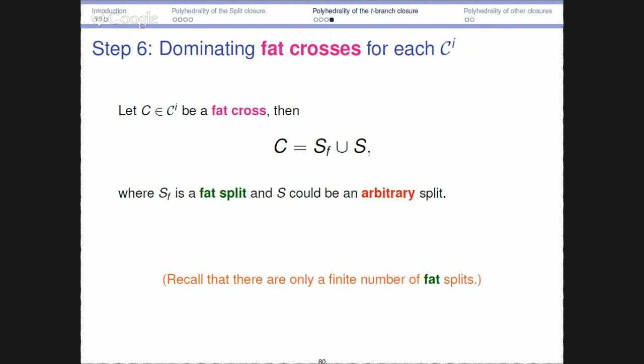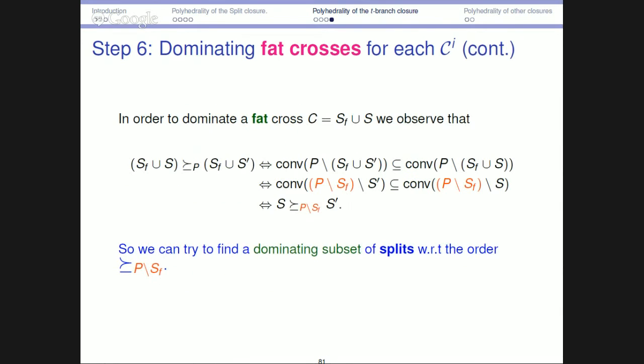So now given a cross here that is fat, it has a fat split and an arbitrary split that could be thin. And the important thing here is that the fat split sets are in some sense finite. So this is good, finite. This may be infinite because it could be considered thin splits. So how do we dominate these ones? We'll dominate this kind of cross, given by a fat split and an arbitrary split, as follows.